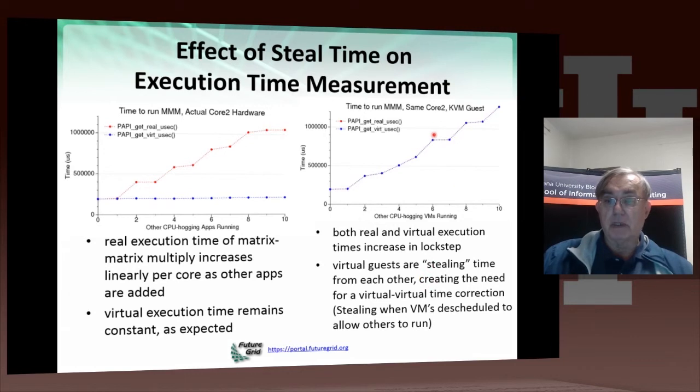Here we have a stealing event, and that stealing effect here, where what you naively report is actually just the time to run the matrix multiply, not the virtual time, which should run along here. That is because the stealing is not properly corrected for. So that needs to be put into environments like PAPI with the current virtual machine systems we have.